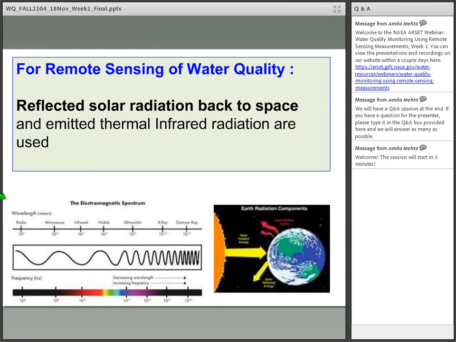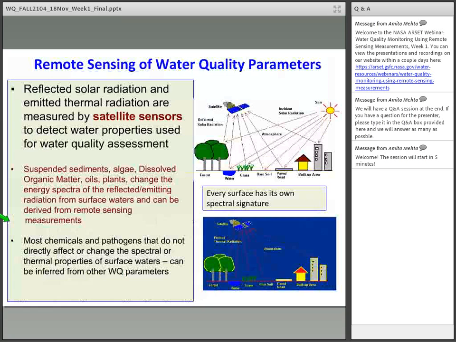Okay. So again, talking about water quality measurement, they are mostly based on sensing reflected solar radiation back to space. From any water body, incident solar radiation is reflected back, and that is measured by the satellite. Most sensors useful for monitoring water quality fall into the range of visible and near infrared light, which is part of the solar spectrum.